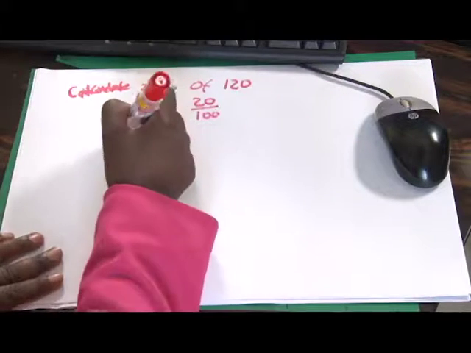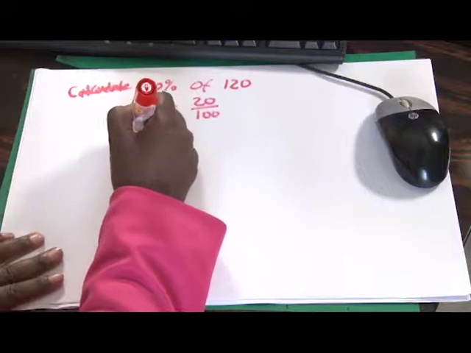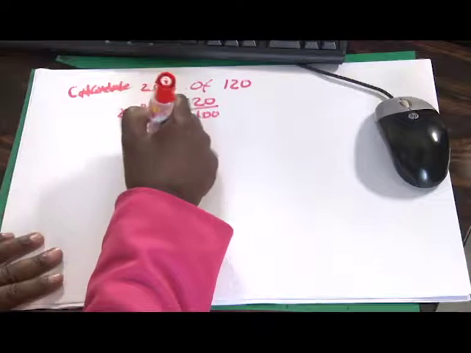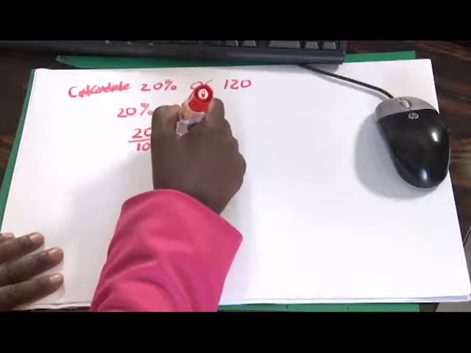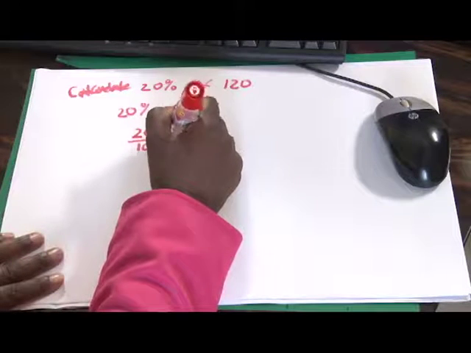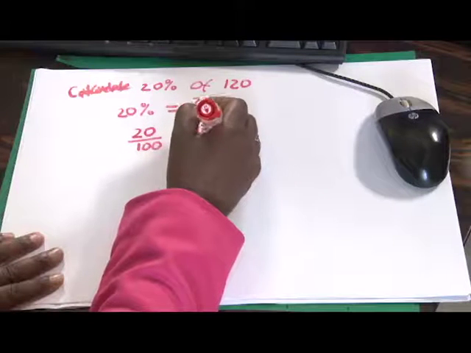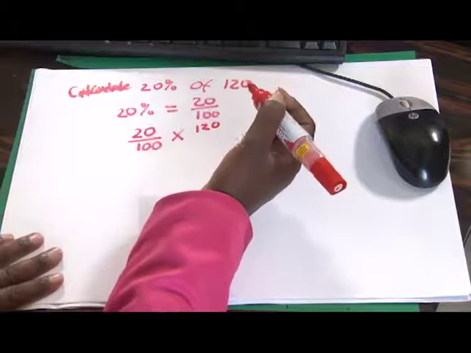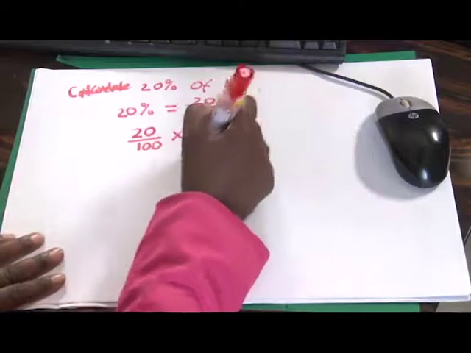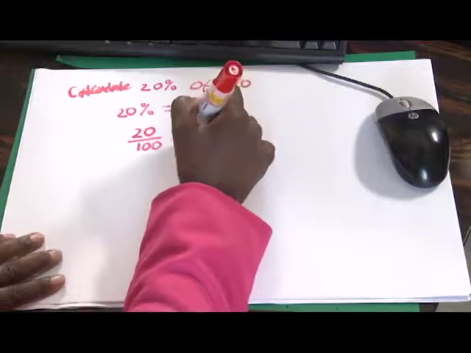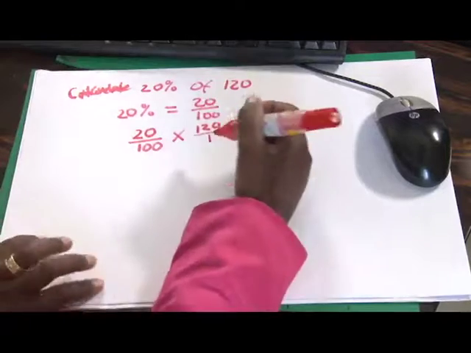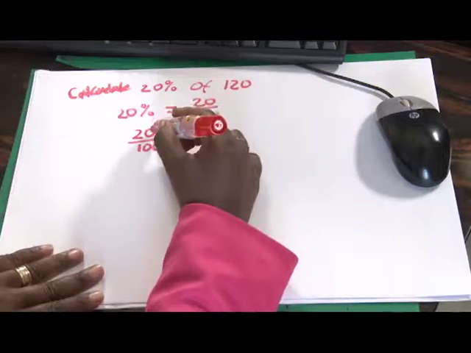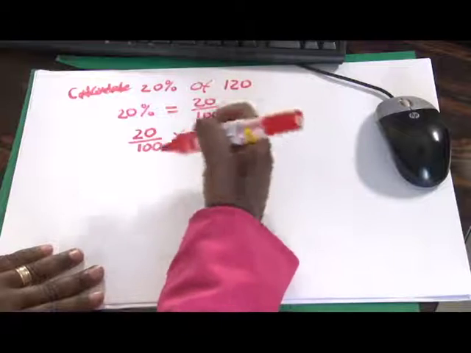And then the next step is for us to find out how much of this fraction of 120. Then we multiply that with 120. And we know when a number is standing on its own, the denominator is always 1. Then we can just cross multiply.